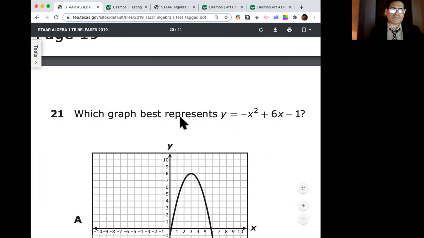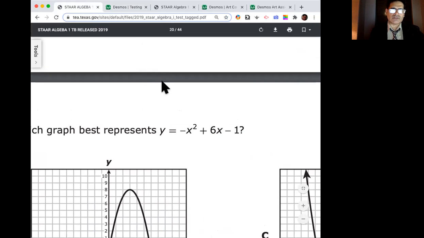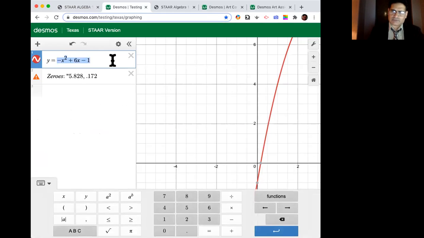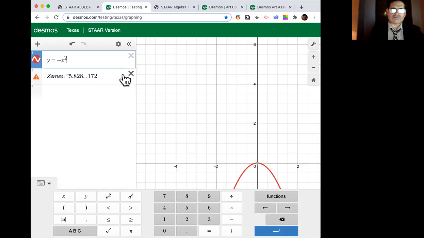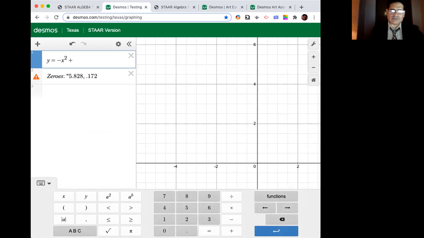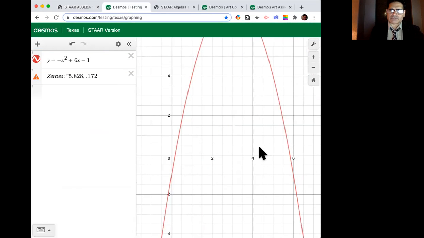Which one best represents minus x squared plus 6x minus 1? Okay. Let's write it again. Sometimes copying it introduces some kind of mistake. Minus x squared plus 6x minus 1. All right. So something just to the right of the 0 and something just to the left of the 6.